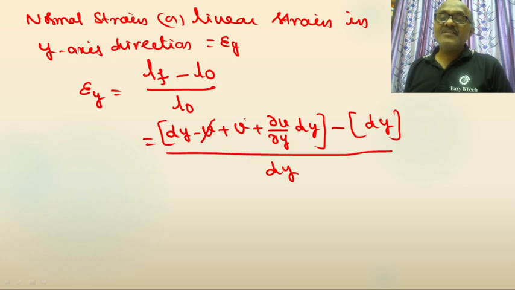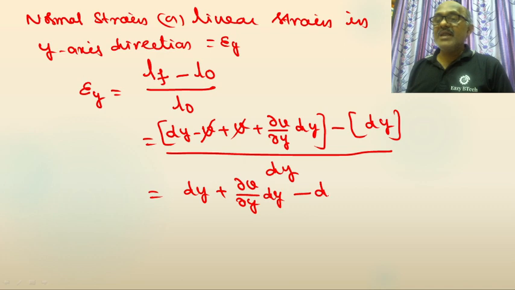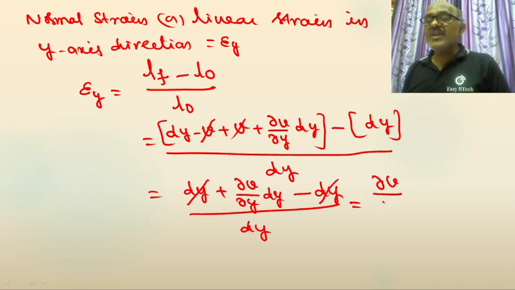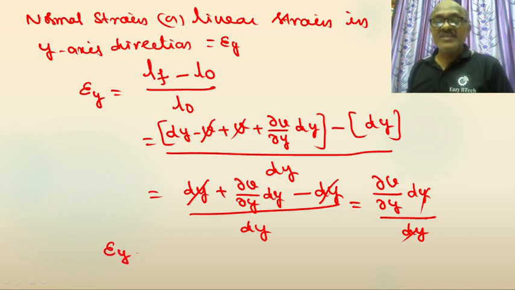The plus v and minus v cancel out, so dy plus dou v by dou y into dy minus dy, divided by dy. The plus dy and minus dy cancel out. So finally you will get dou v by dou y into dy divided by dy. This dy cancels out. So the strain in the y direction, epsilon y, is equal to dou v by dou y. Excellent, my dear friends.